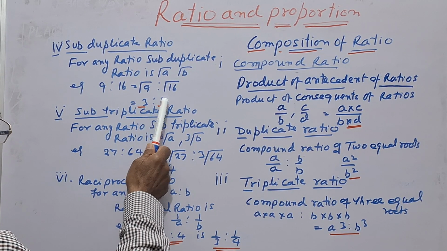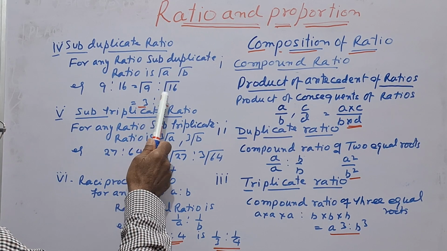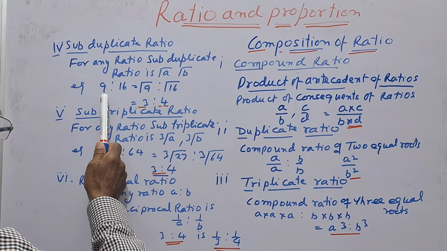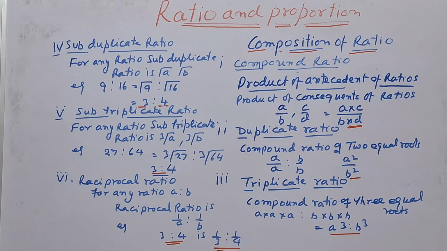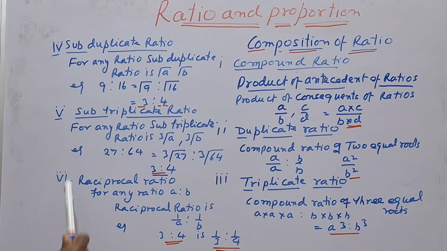That is 3:4. So 3:4 is the sub-duplicate ratio of 9:16.